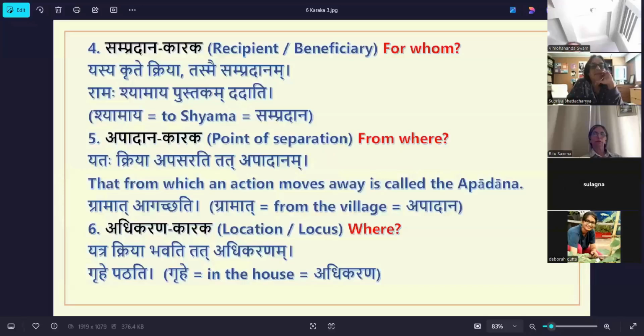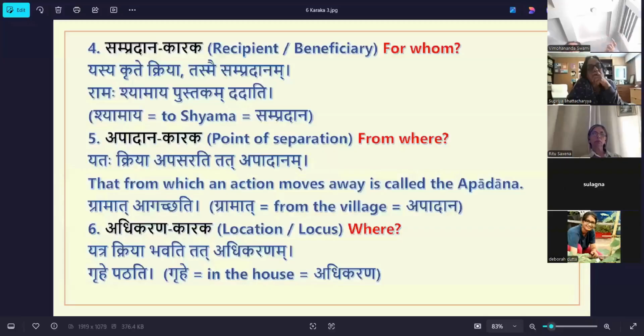If you say gramam gacchati, he is going to the village. But gramat agacchati, if you say, he is coming from the village, returning from the village. But we cannot say gramat gacchati. Why not?